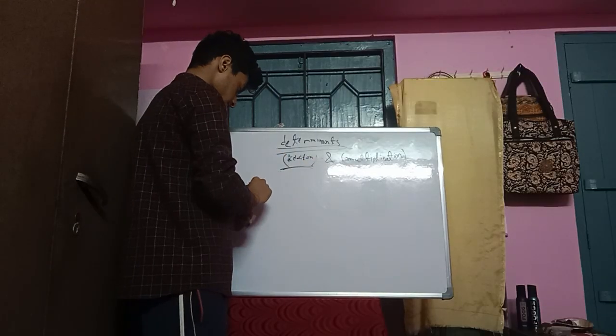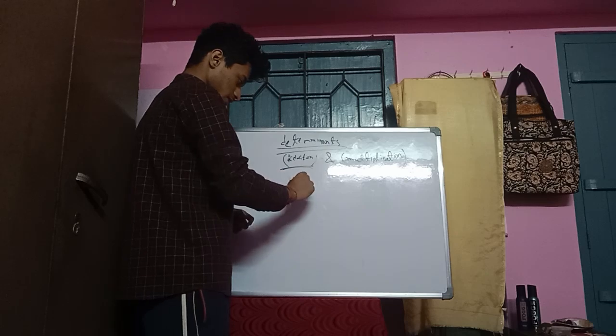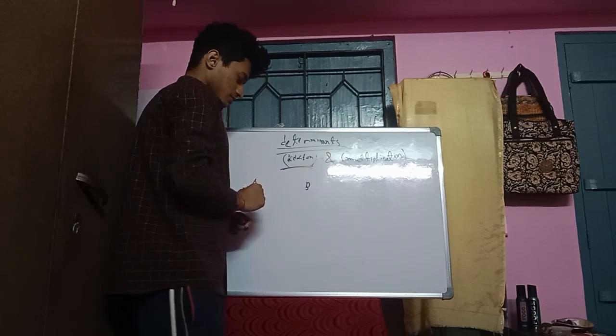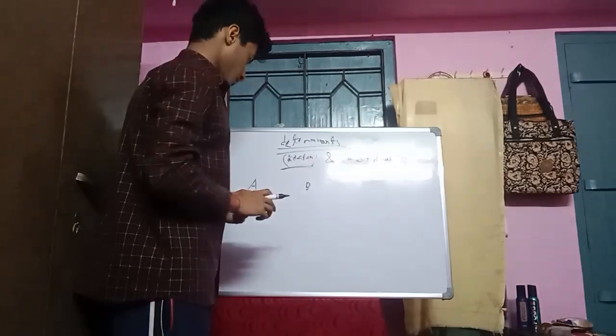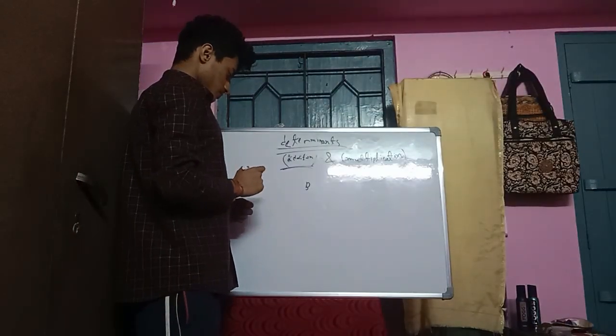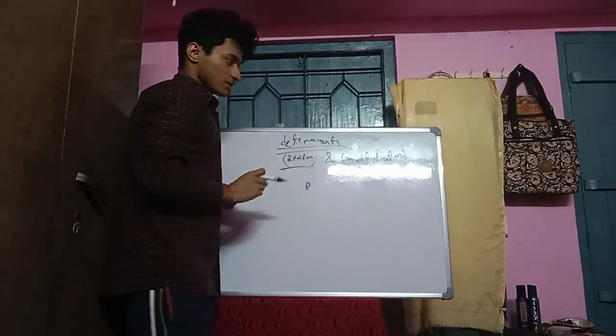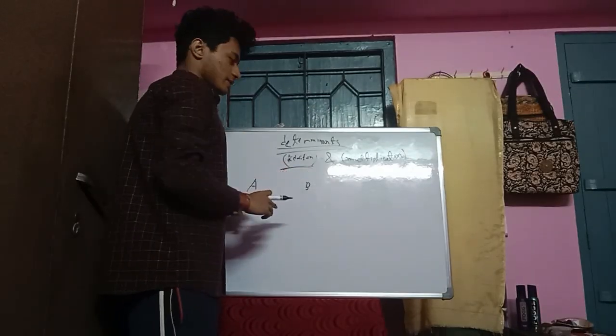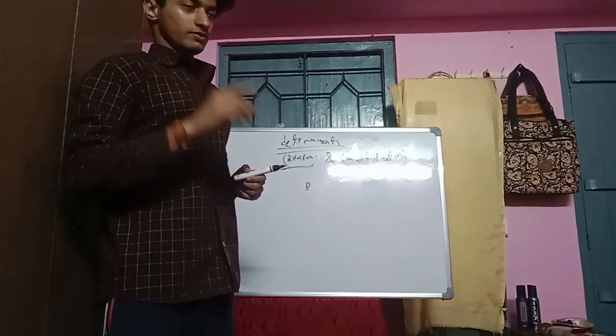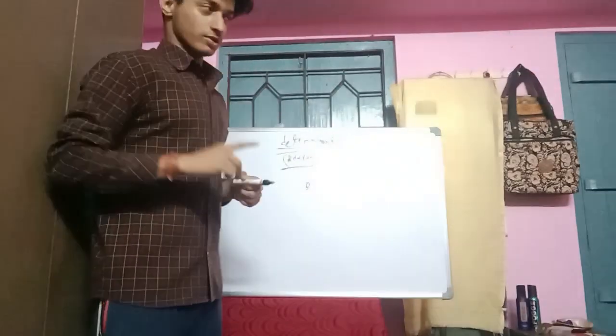Let's say we have two determinants A and B of order 2 by 2. If you want to add these two determinants, you would only be able to do so if these two determinants at least have one row or one column in common.